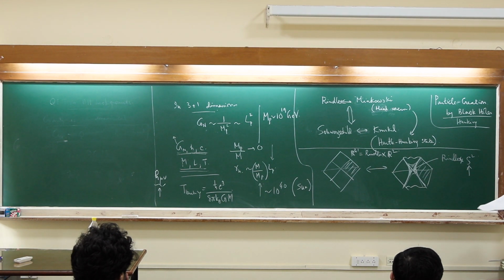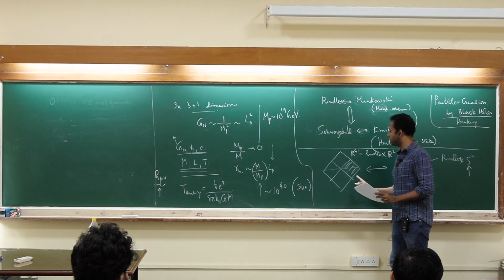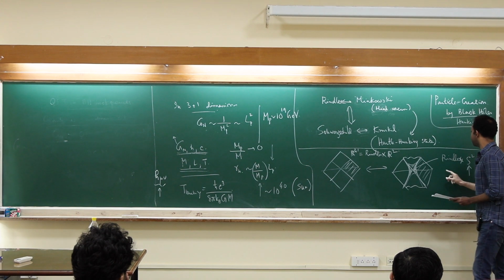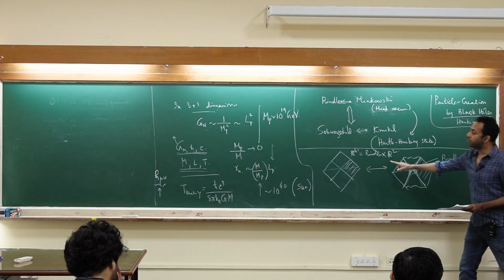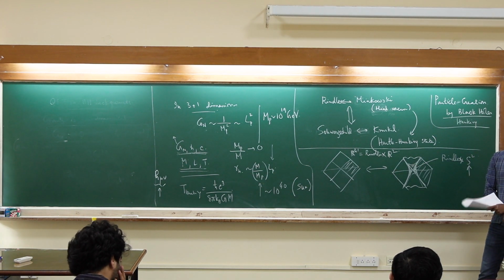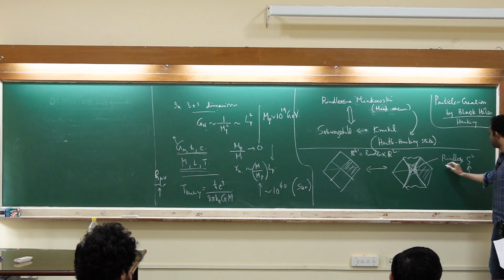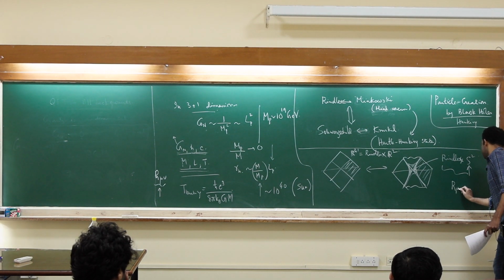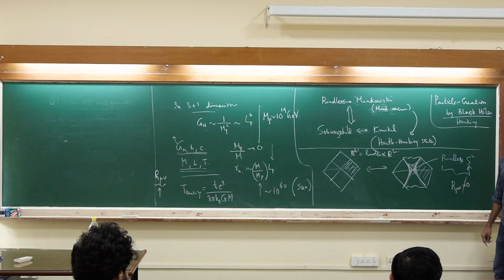The reason it is important is that in some cases it will be significant that this geometry is not a solution of Einstein's equations. If you demand R mu nu equal to 0, it doesn't solve it, because there is curvature on the sphere. Doesn't matter how big you assume the mass of the black hole is, as long as it is S2, it will have curvature.